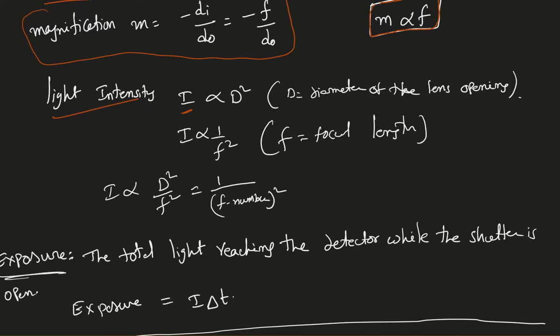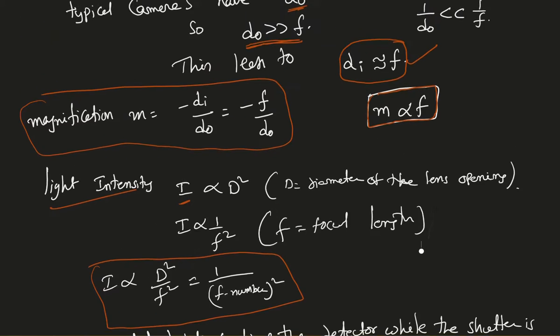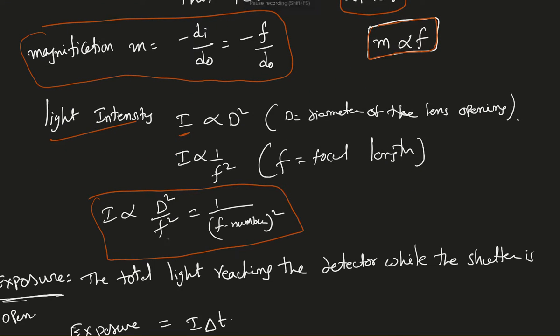So I is proportional to d squared over f squared. We just defined the f-number as f over d, so this is in reverse. So the intensity of light I is proportional to 1 over the f-number squared.